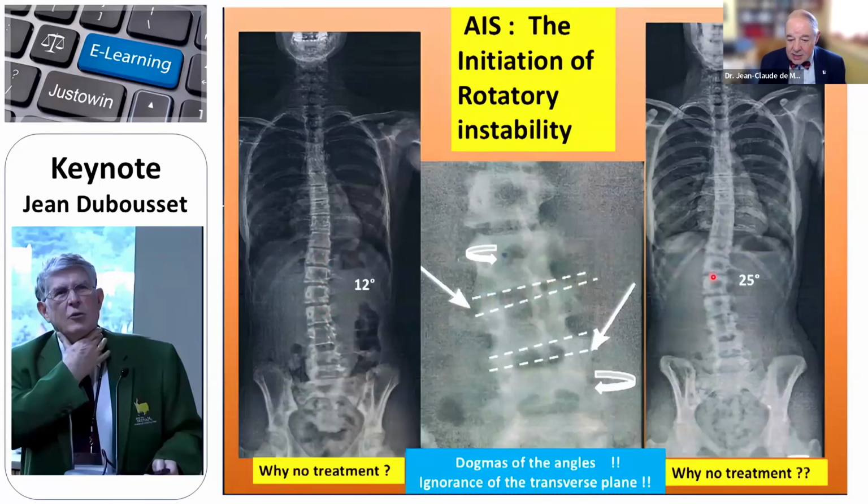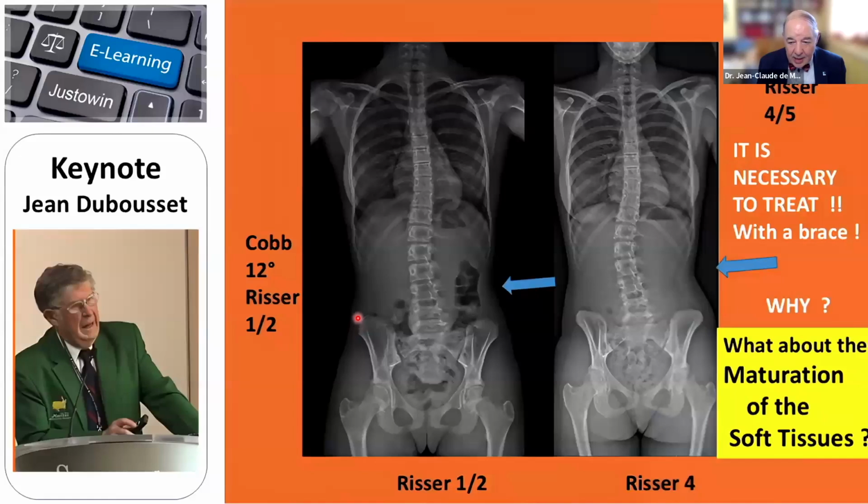And you see the evolution to 20 to 25 degrees, sometimes in 6 months. 6 months after, and the idea is not to wait too much, but why not begin physiotherapy at this moment when we see rotation on the X-ray? Voilà, it is necessary to treat with a brace.